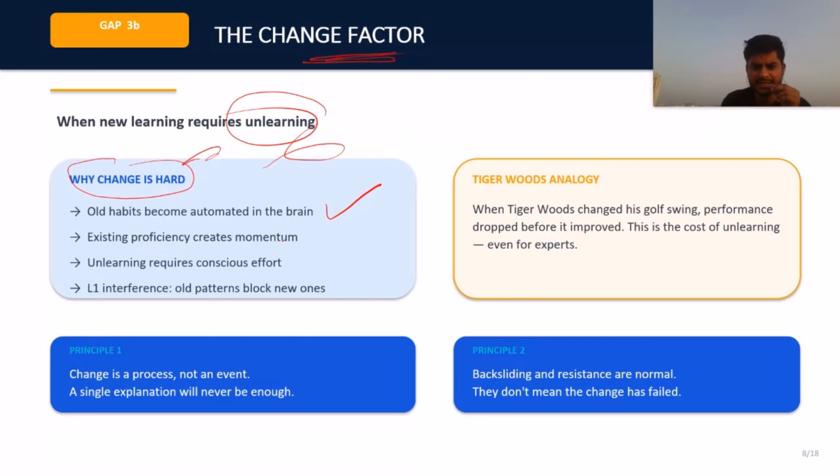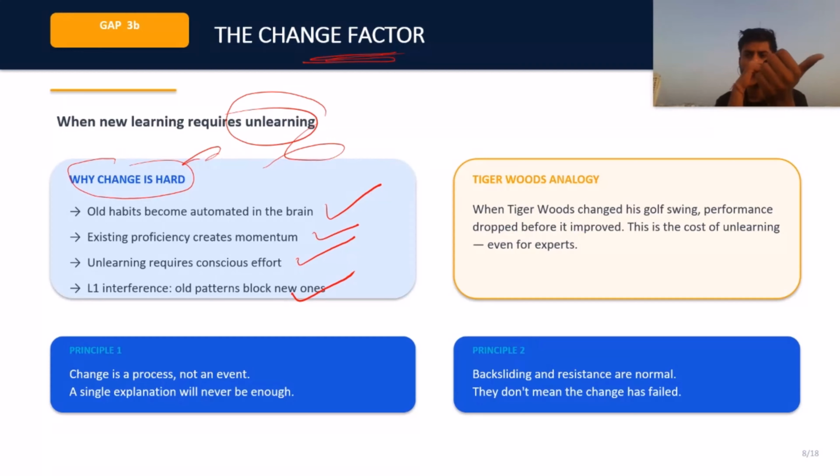Existing proficiency creates momentum. Unlearning requires conscious effort. Old patterns block new ones. Because it is habitual, it is fixed in our mind, so it is very hard to make any change.